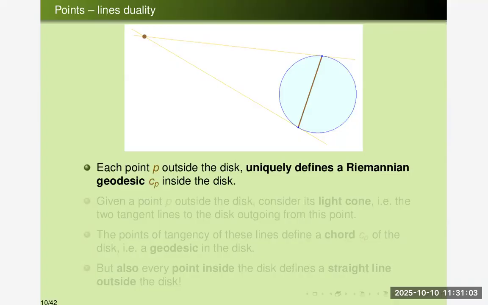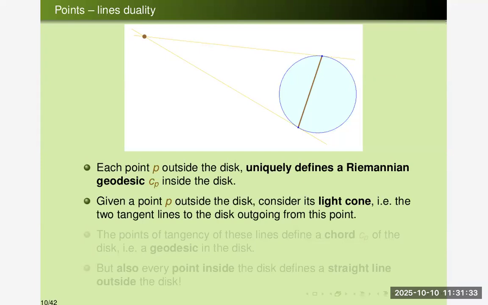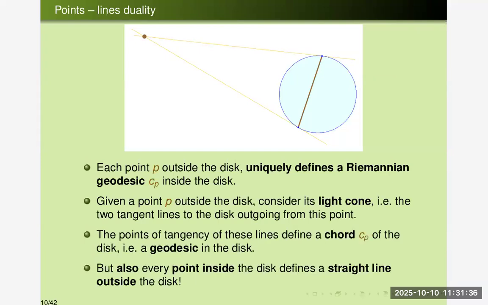If I call this point P, I call this line CP. So a point P in the de Sitter space defines a line in the Beltrami space. I call this line CP. But I want to stress that the opposite is also true.